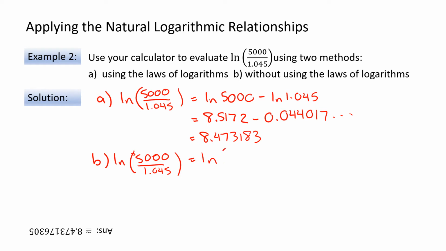So we get the ln of 4,784.688, I guess 689 if you want to round. And if you take the ln of that number, you get the same thing, 8.473, and in this, we got 176. So you can see that it starts to get a little bit different near the end. Again, because of rounding. Both those solutions I would count as correct.